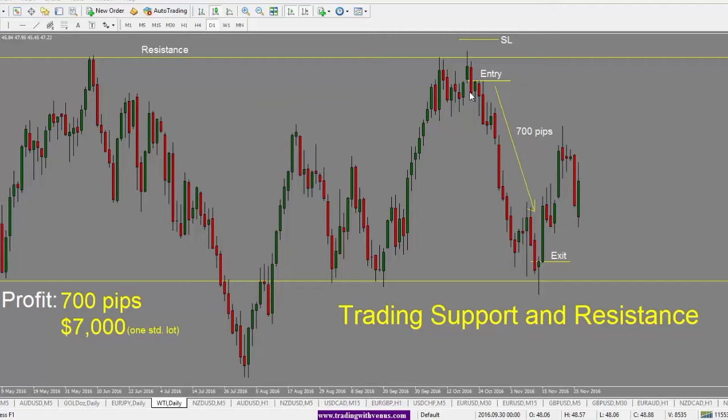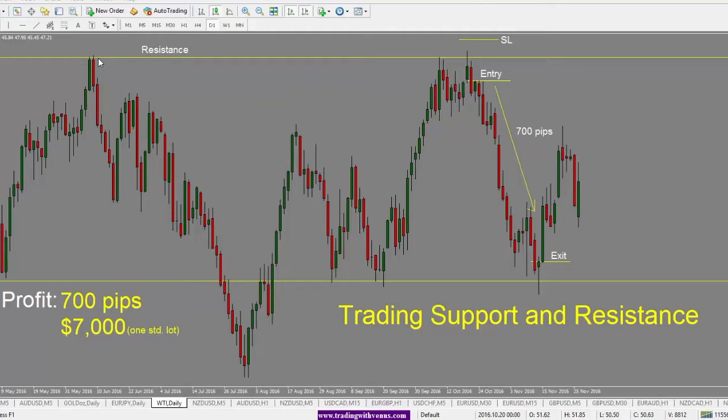There are different chart patterns you can apply to this one. You could trade this as a double top or triple top pattern as well. However, if you didn't know how to find that, you could just look at support and resistance. Because this is a daily chart, this resistance is very important.